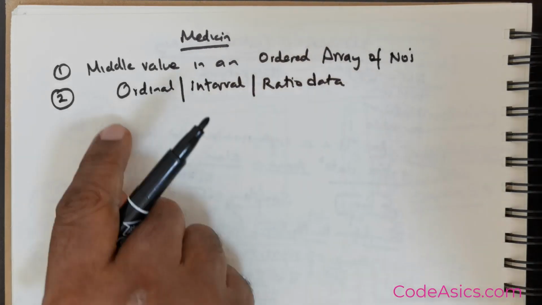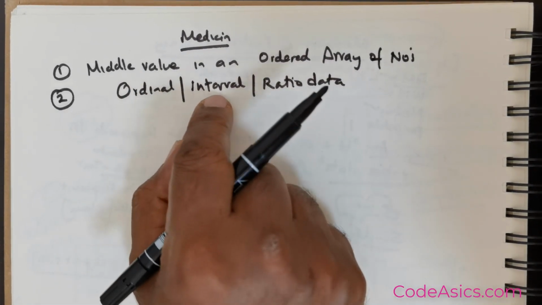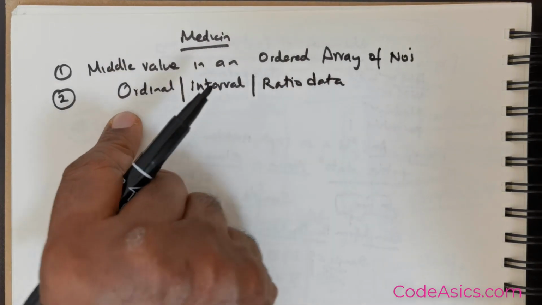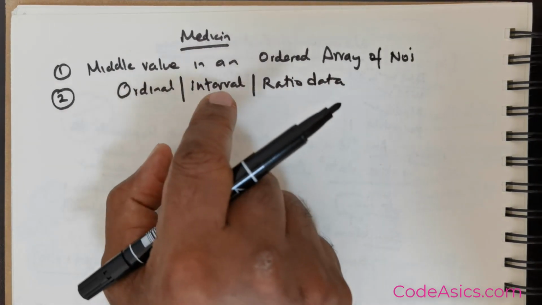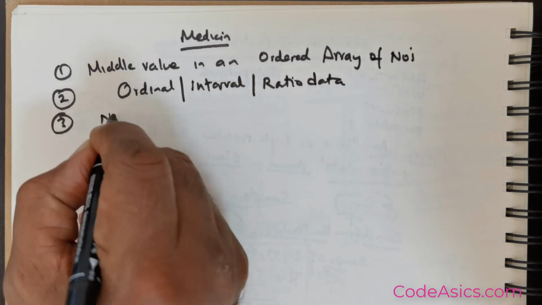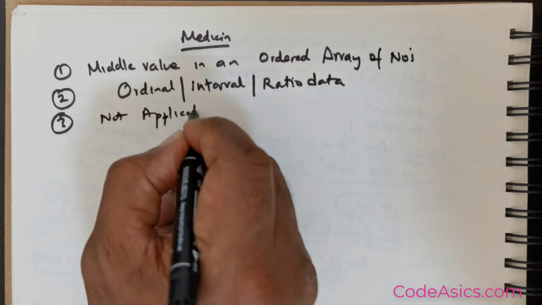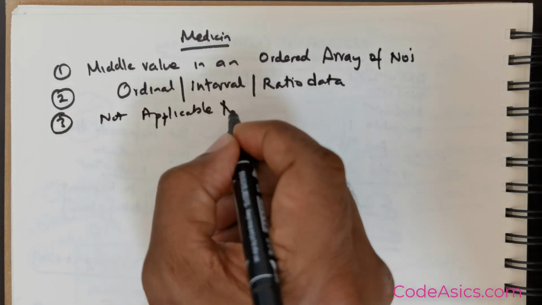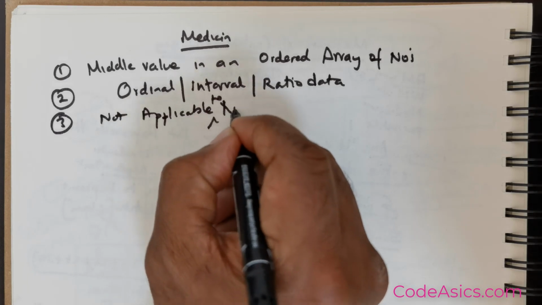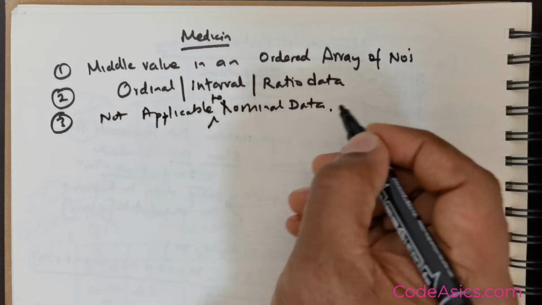It is imperative to understand we cannot apply mean to ordinal data. We can only apply mean to interval and ratio data, but for median we can apply median to ordinal, interval and ratio data. Number 3, we cannot apply median to nominal data, not applicable to nominal data.